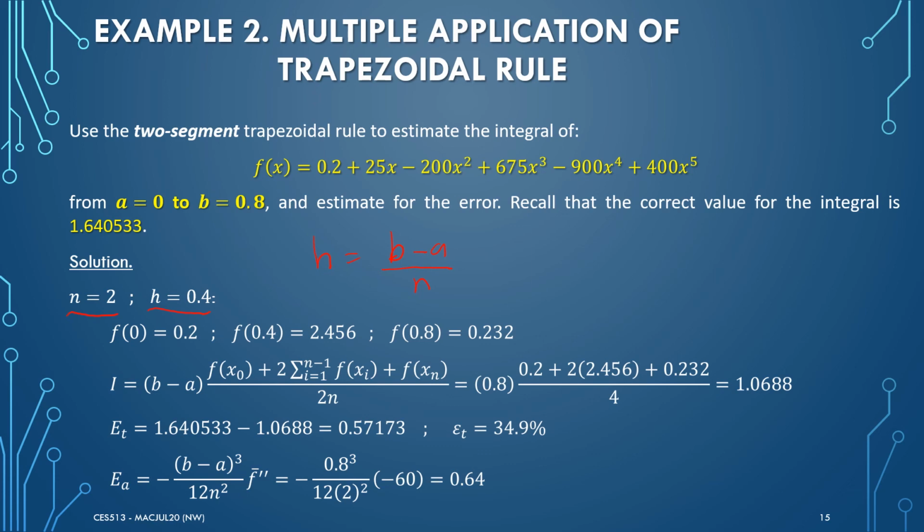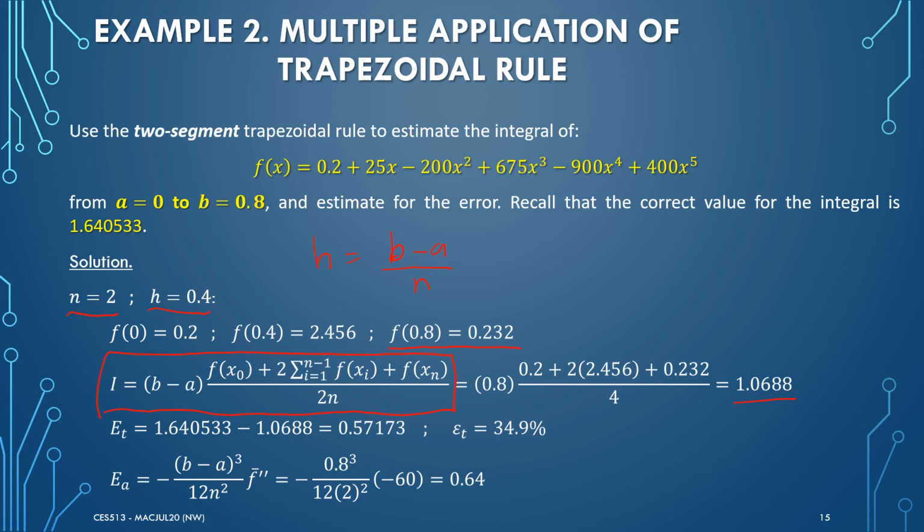So f(0) is equal to 0.2, f(0.4) is 2.4656 and f(0.8) is 0.232. Substitute all the values into the formulation of the multiple application of the trapezoidal rule. Then we will get the integration value of 1.0688.